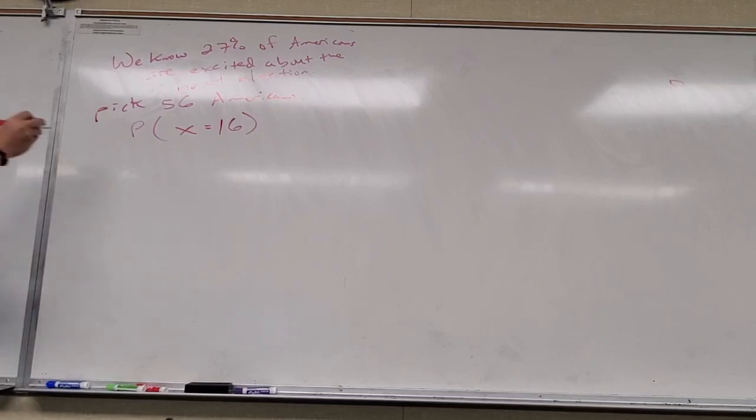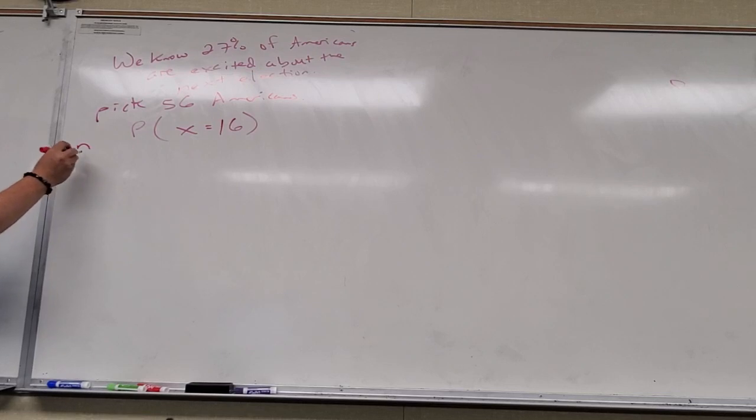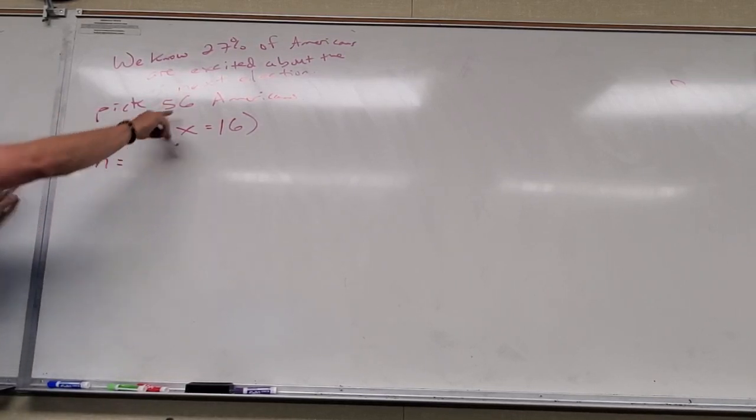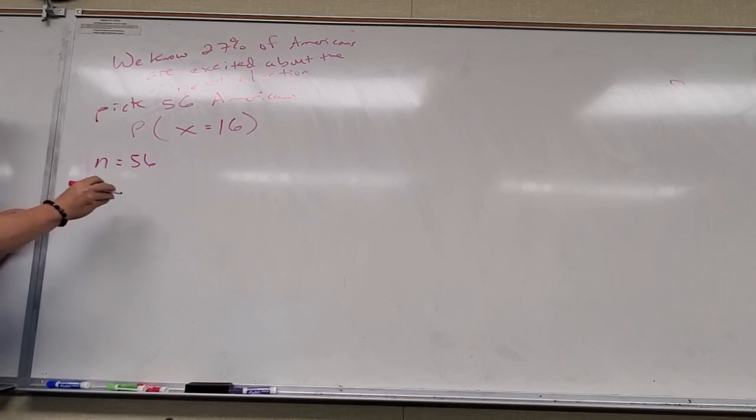So first thing I want you to do, and this is what you do in a lot of math problems, let me identify the bits that I need to know. So what is N? 56. Yeah, 56 total people I'm talking about.